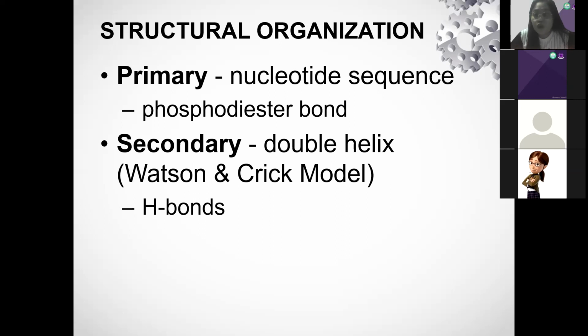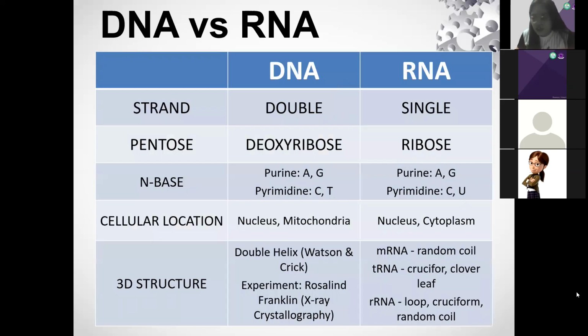So we have the so-called Watson and Crick model. This is where we get to see the hydrogen bonds between the nitrogenous bases. So when it's primary only, it's just the alternating phosphate and sugar. And secondary is when it forms a double helix.